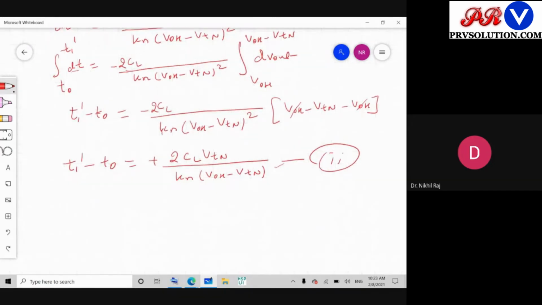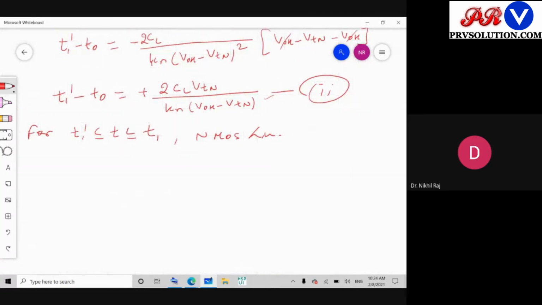Now coming to the second part, from T1 dash to T1. What happened in this case? We have seen NMOS is in the linear region. So again, in the same process, we just substitute the value when NMOS is in the linear region. So what can we write here? IDN is equal to minus CL dVout by dt.